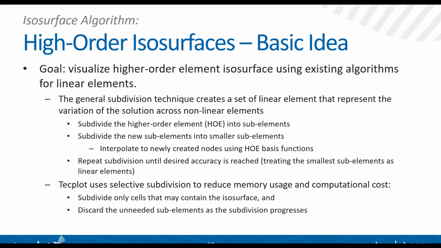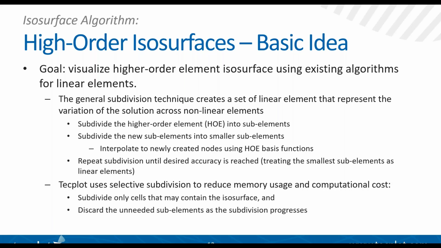So how do we do the isosurfaces in higher order? Our goal is to visualize the higher order element isosurface using existing underlying algorithms for the linear elements. So Tecplot has existing algorithms, and we want to take advantage of those at the lowest level. The general subdivision technique that we use creates a set of linear elements that represents the variation of the solution across nonlinear elements.